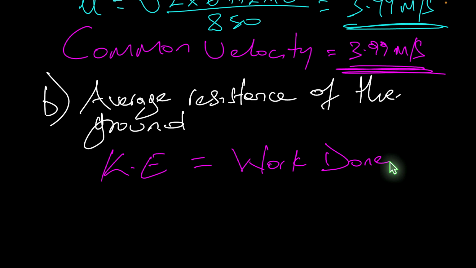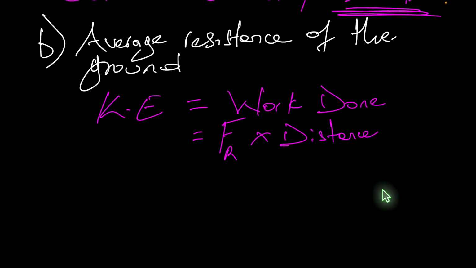And for work done, our formula is generally force multiplied by some form of displacement. In this instance, our force is going to be the resistance force, so Fr for resistance, multiplied by the distance moved through the ground. So what we are after, we need to find the resisting force. So if we rearrange this formula, if we get our Fr, then that's going to be equal to our kinetic energy, which we calculated previously.